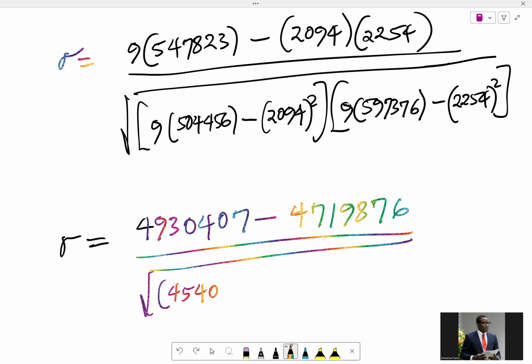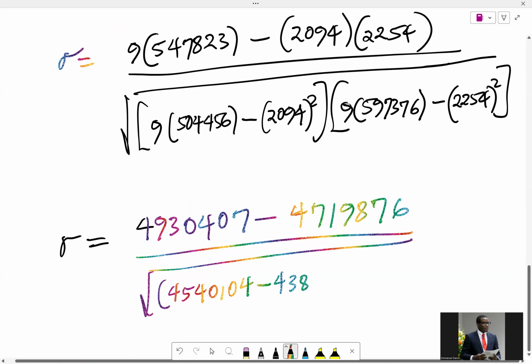This is 4,540,104. Okay. Minus, takes a lot of carefulness. Then 2094 raised to power 2. That is 4,384,836. Okay.